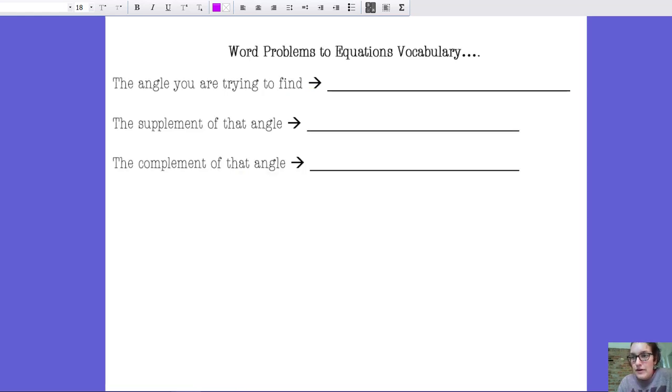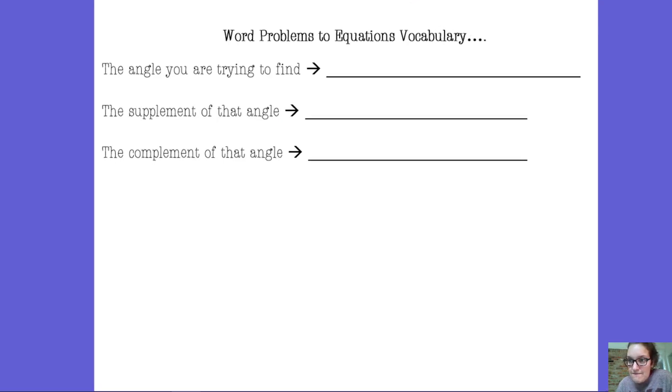So in a word problem, whenever you are taking the words and the vocabulary and you're trying to assign variables and set up an equation, the angle that you're trying to find, you're going to call x, or whatever variable you choose, but we're going to use x in these examples. You're going to assign your variable to your angle.